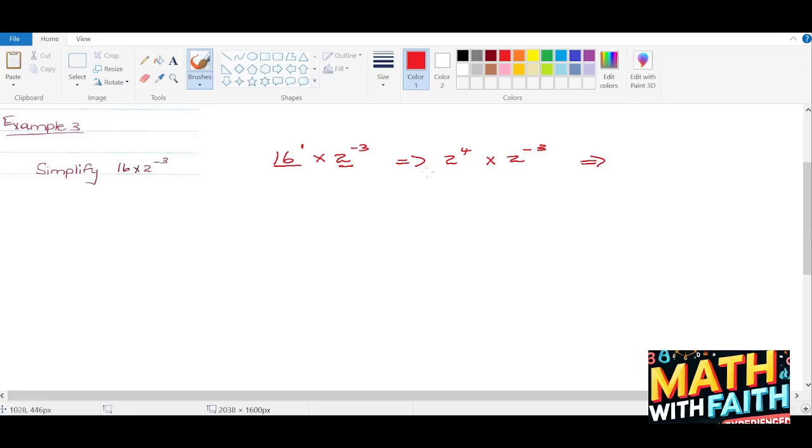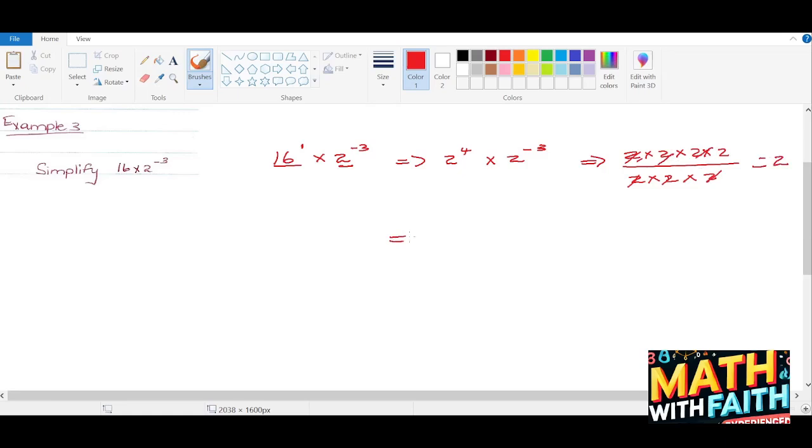We could just apply the first rule here, but I'm going to do it the long way. I'm going to multiply 2 4 times. And now I'm going to divide it by 2 multiplied by itself 3 times, because we know that 2 to the minus 3 means 1 over 2 cubed. And then we could cancel, cancel, cancel, and we end up with 2.